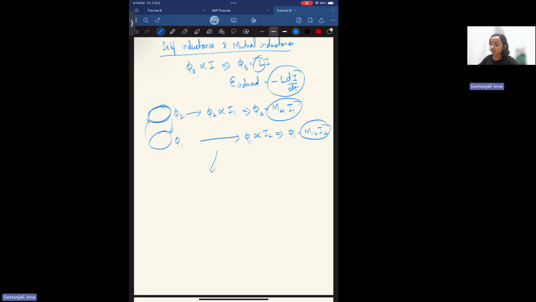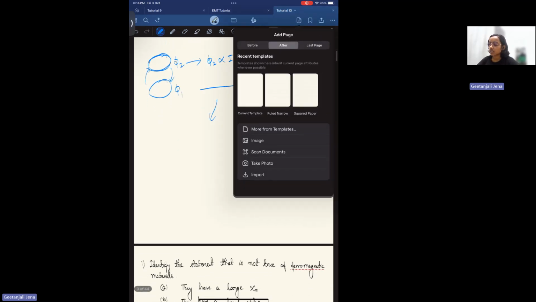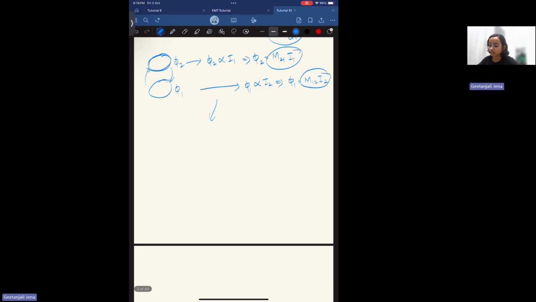After that, we explicitly saw how, for two arbitrary coils, we can get the general expression for mutual inductance. So M21, if you recall, is given by Neumann's formula: mu naught by 4 pi, double integration dl1 dl2 by r.